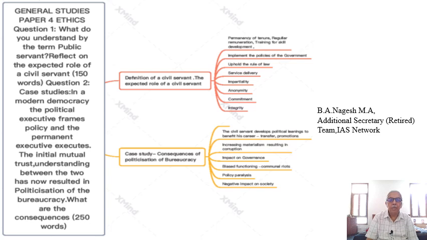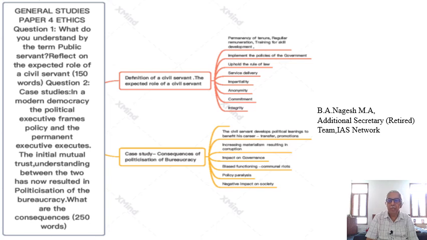The second expected role of the civil servant is upholding the rule of law. By rule of law, we have seen Article 14, equality before law, equal protection of the law. So when upholding the rule of law, the civil servant goes by the dictum that everybody has to be served alike, whether he is a poor farmer or whether he is an ex-bureaucrat, whoever it is.